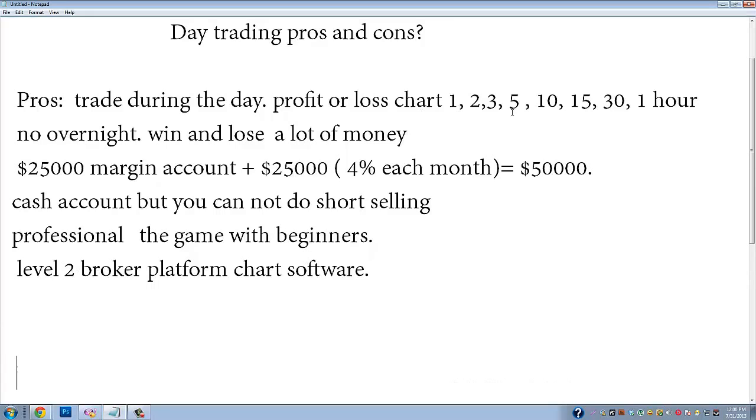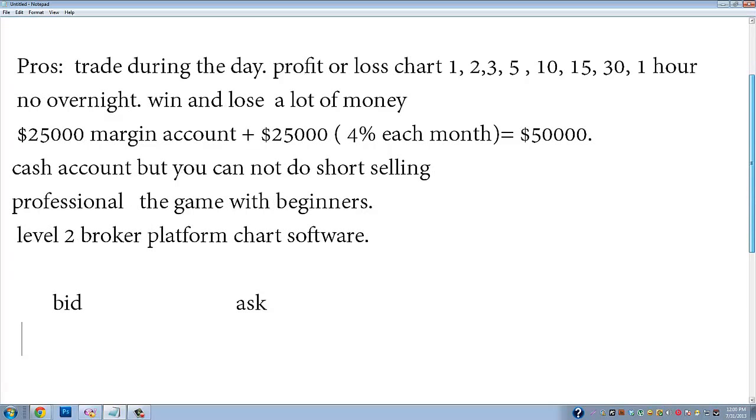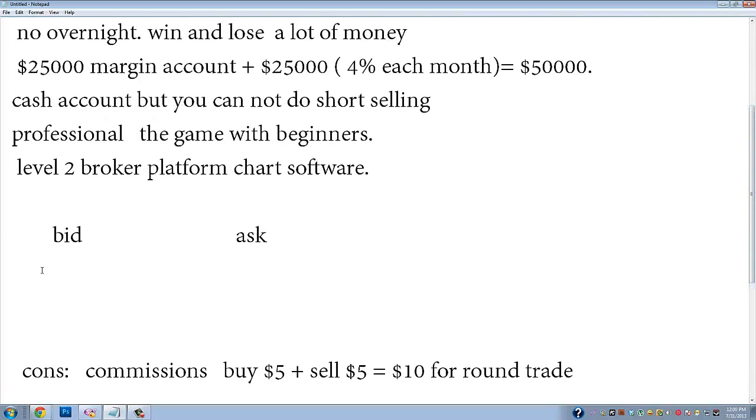When you don't use level 2, you see, for example, the bid, and here you see the ask. Let's take it up here. Now the bid, for example, is 37.25, and the ask is, let's say, 37.30.